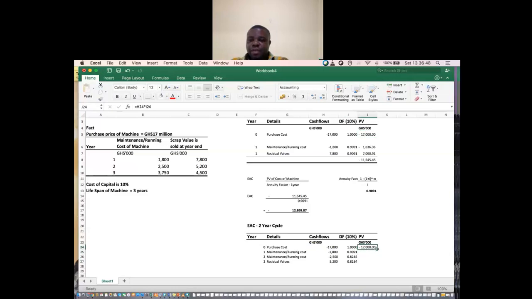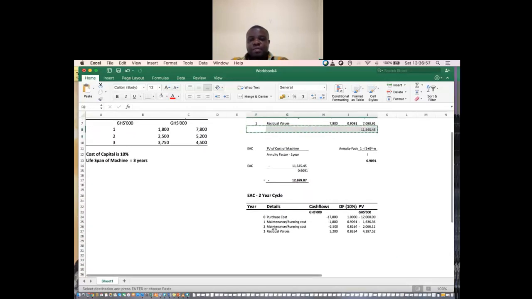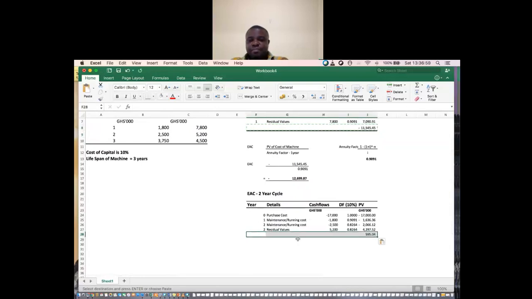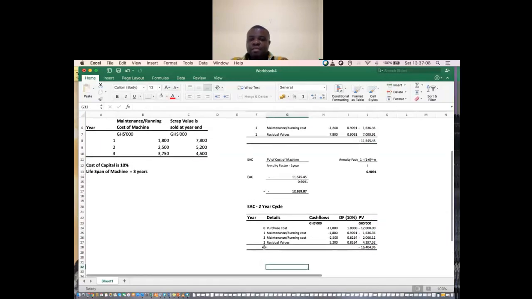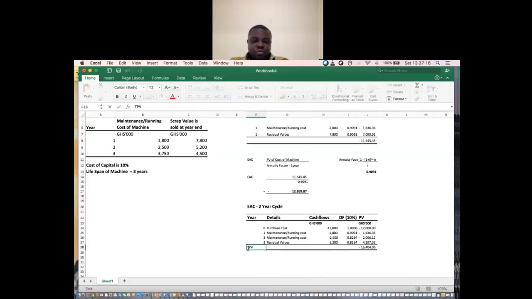So if you multiply them, you are going to get this. All right. So we now sum all of them up. So if you sum them up, this is what we are going to get. So we have the present values. The total PV will be what? So here should be total PV.